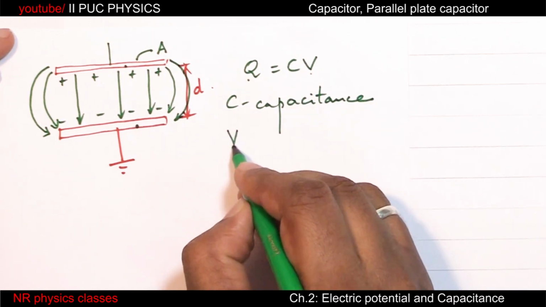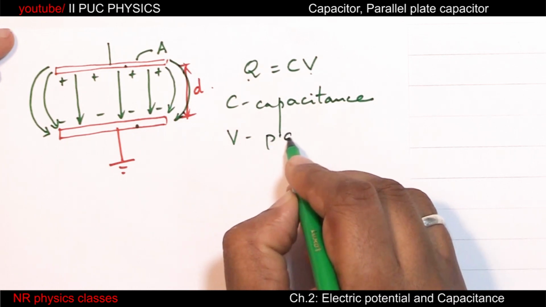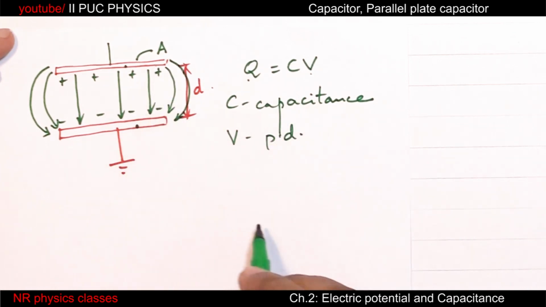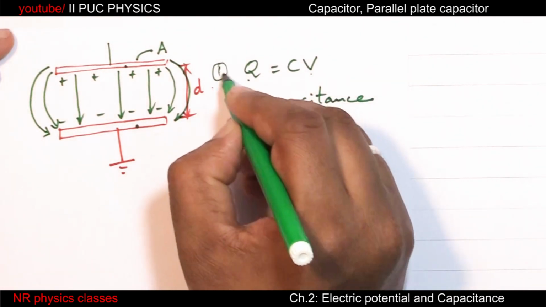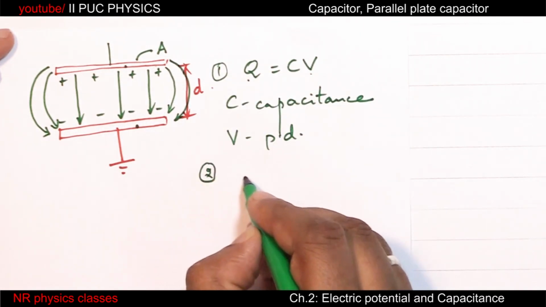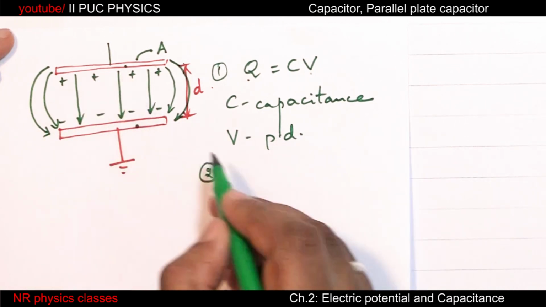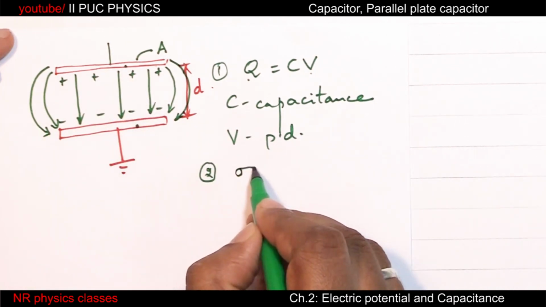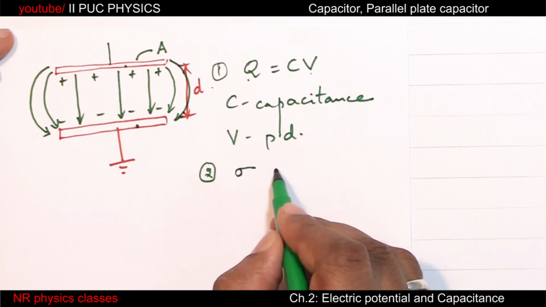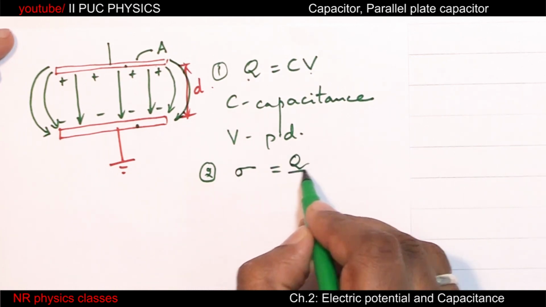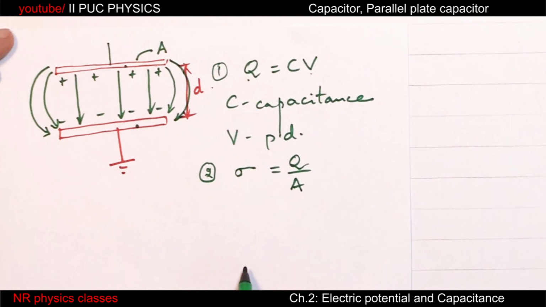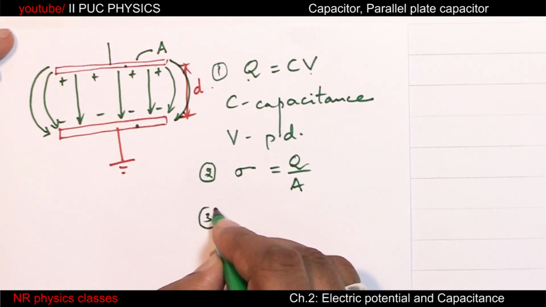This is the first equation. Second equation: since it is a plate which is charged, it is appropriate to consider surface charge density denoted by sigma. Sigma equal to charge by area. Third equation.